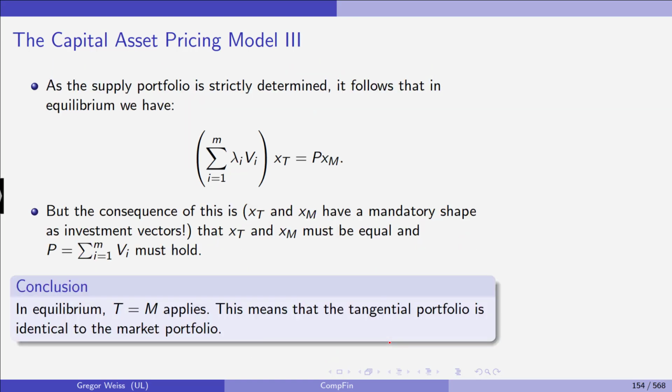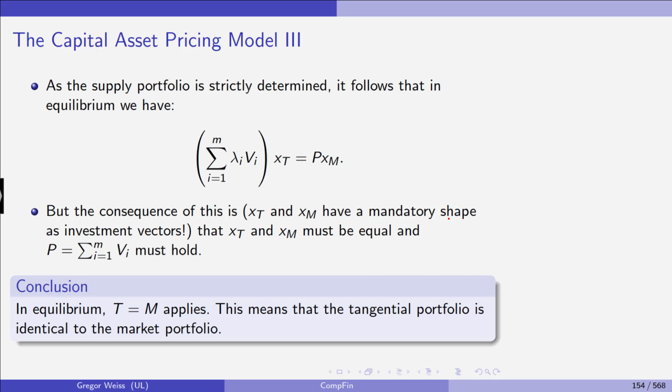Now, the supply portfolio is strictly determined, so it follows that in equilibrium we have to equate this. P x_M equals x_T times the sum over the weighted values of our individual portfolios. The consequence is that x_T and x_M, as investment vectors, must be equal, and the market price has to equal the sum of all those values.